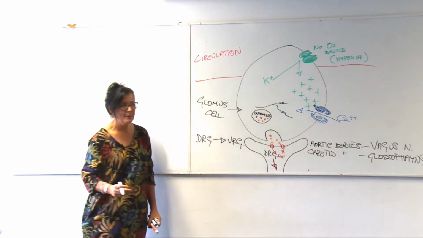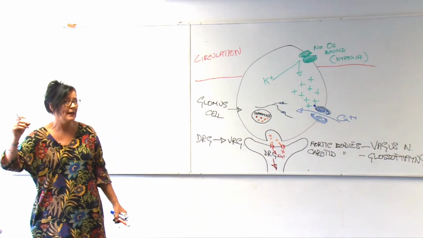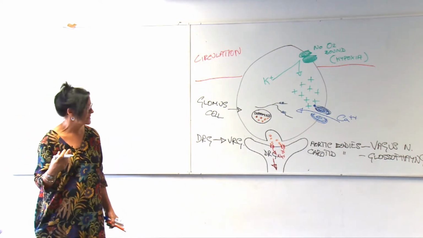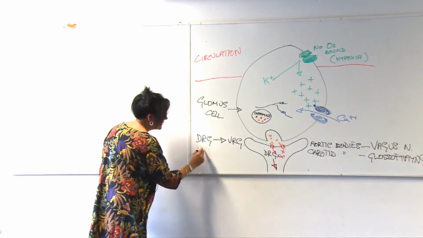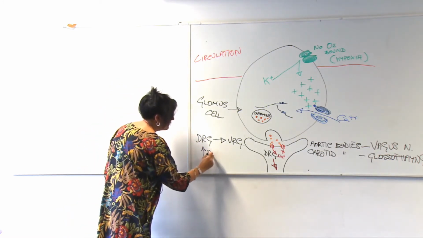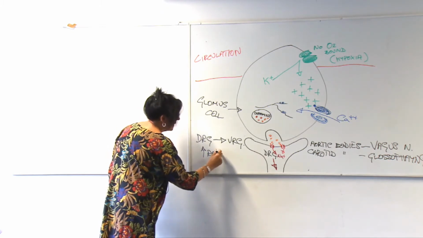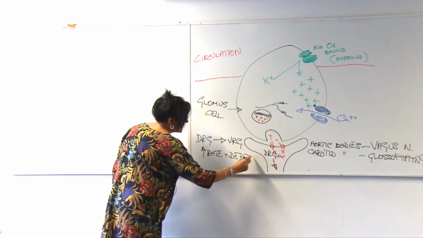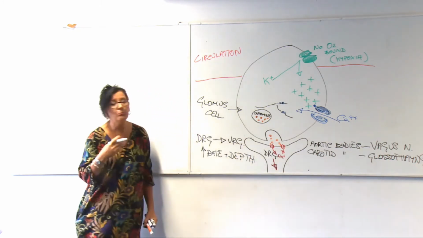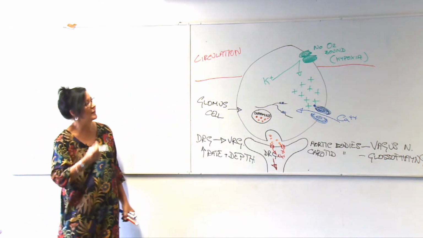If you remember, we've got the pre-Botzinger complex, that's our central pattern generator. And what that does is increase respiratory rate and depth, so that we can take on board more oxygen and resolve that hypoxia.